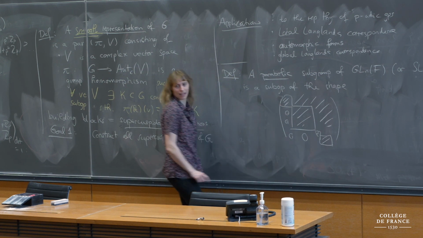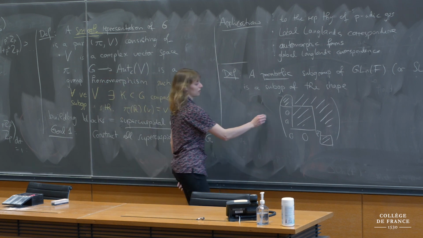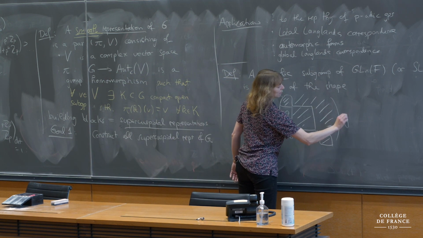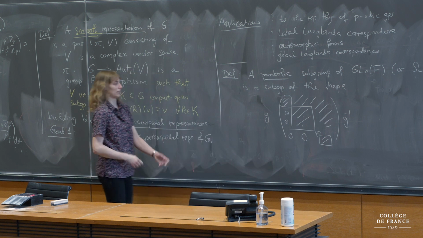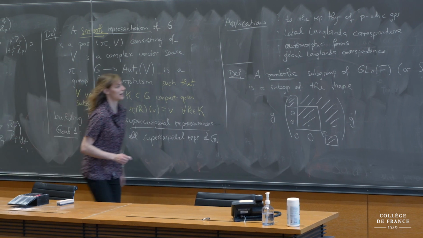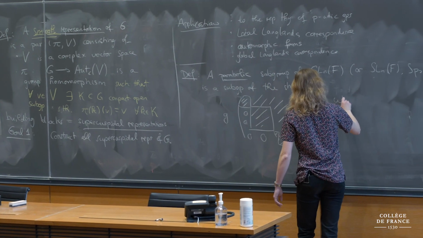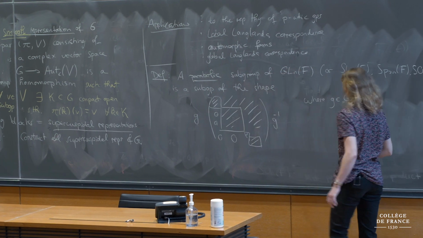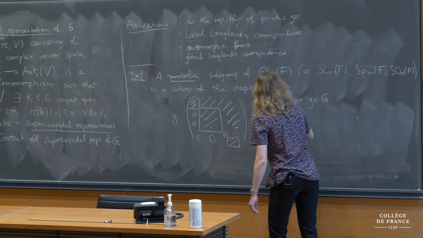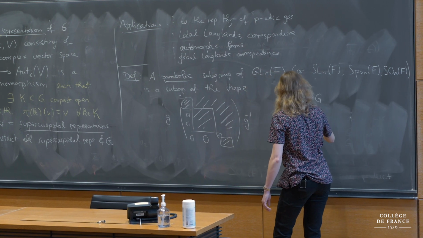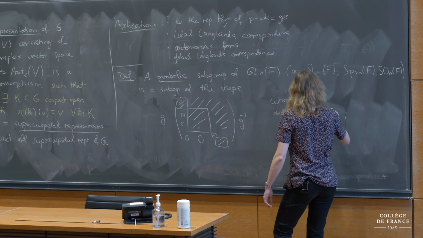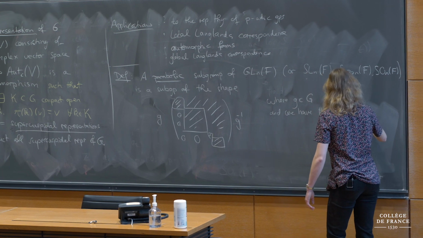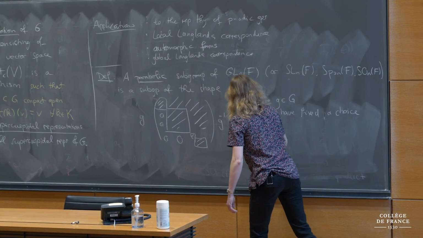So that's what a parabolic subgroup is. It's a block upper triangular matrix, but you're also allowed to conjugate that by some element g inside the group G, for example GL_n. And we have fixed the choice of blocks.